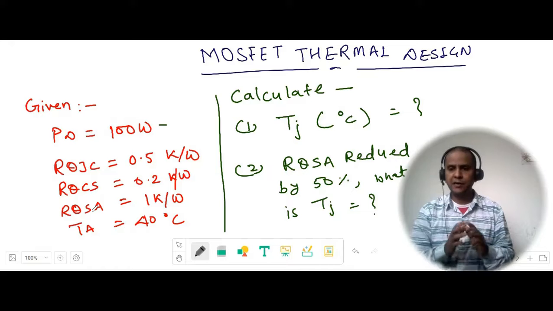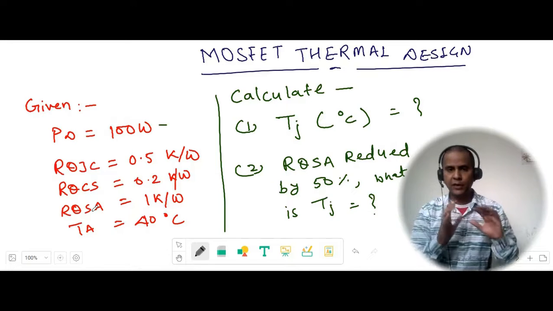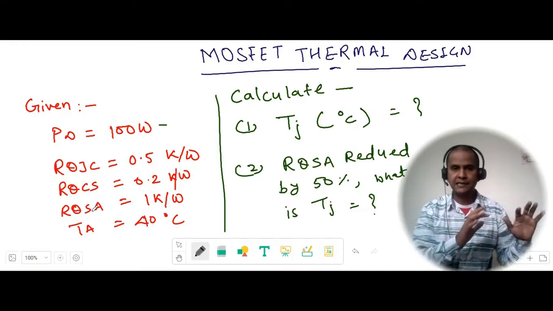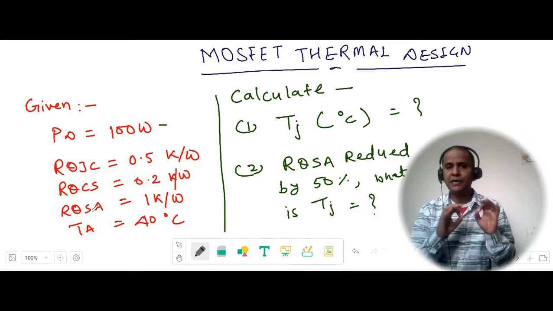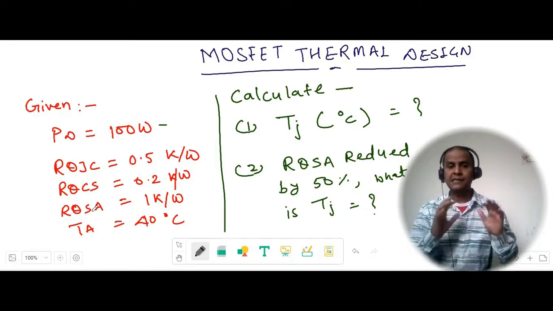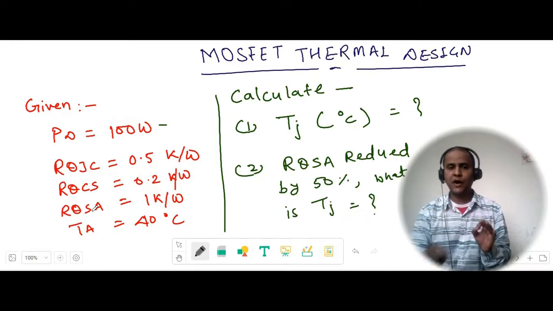So basically, in order to design the heat sink, what you need to understand is R theta SA. Usually we calculate the value of R theta SA in order to select the heatsink.